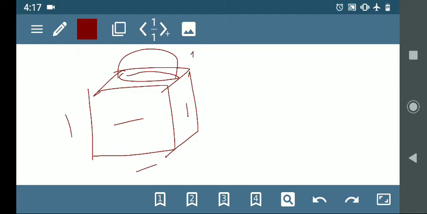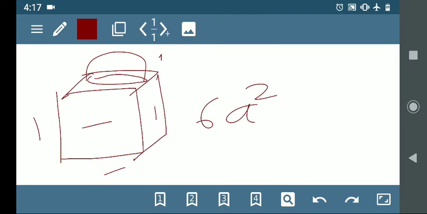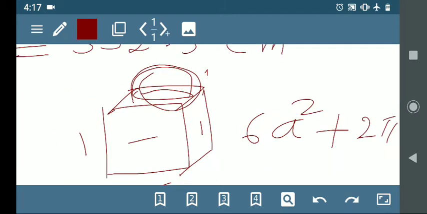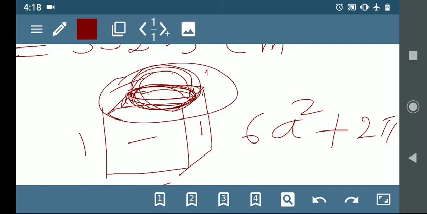Hemisphere, that is 2 pi r square. But here, both are solids, right? When you surmount a hemisphere over it, this surface is hidden below, but the little portion is outside. So what portion is outside? A square minus a circle portion is outside. So we are subtracting one circle here. Understanding? So which is equals to 6a square plus pi r square.